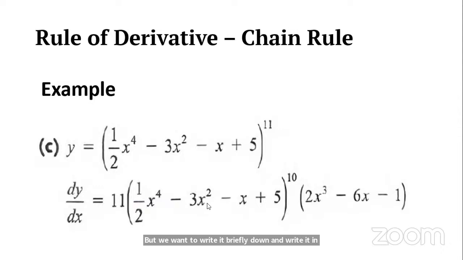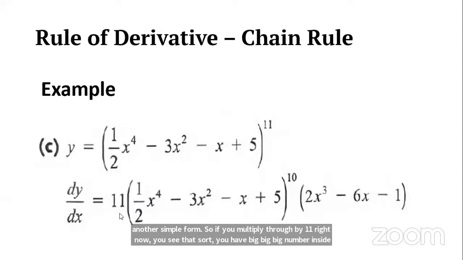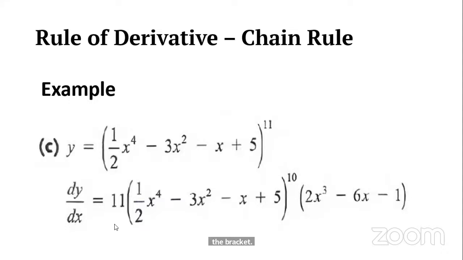If you multiply through by 11 right now, you have a big number inside the bracket, but we want it to be simple. So we factor 11 out and leave it like that. This can be your final answer, because any further movement will make the function too clouded and complicated. I hope I have answered your question.